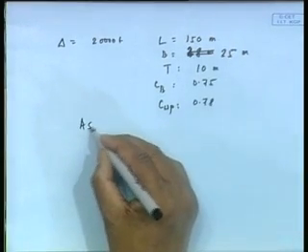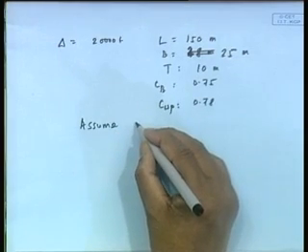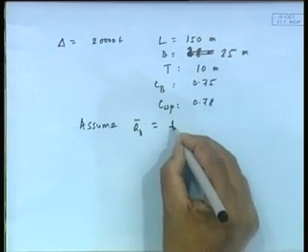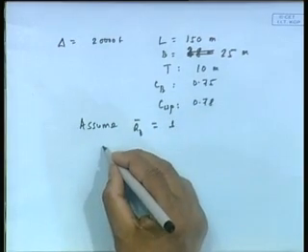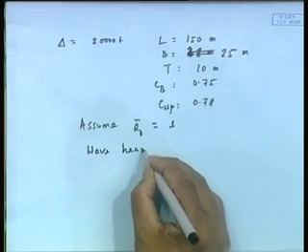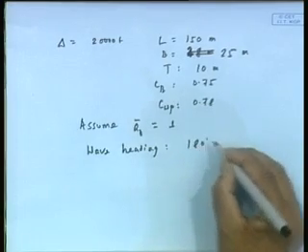Assume Az bar to be equal to 1. Wave heading 180 degrees, head waves.